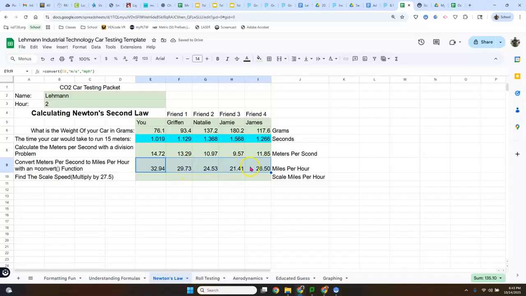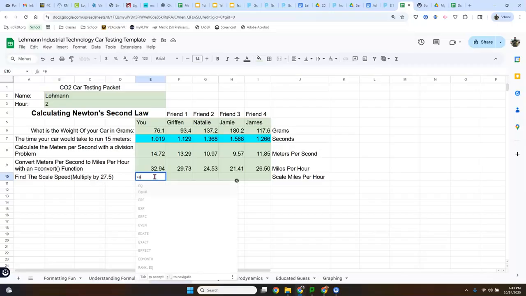At the same time, the next thing we're going to do is take our last number and multiply it by 27.5. So we have to hit equals. And then E9 is our last cell, E9. And we're going to hit the shift 8, that's asterisk, which means multiply. And we're going to do it times 27.5. Now, this 27.5 is just like the scale speed.